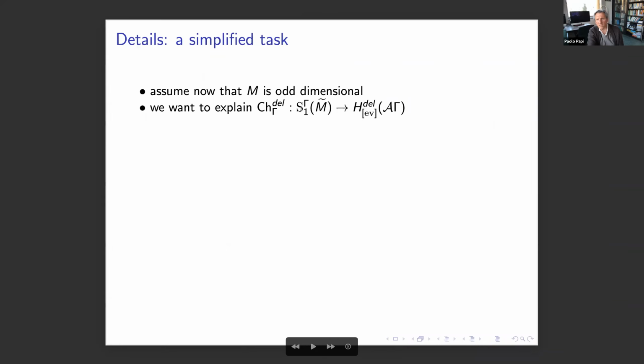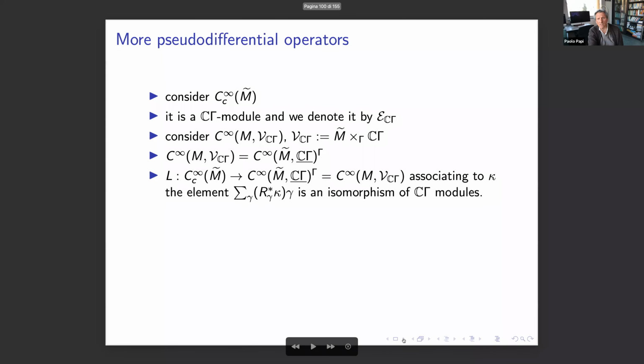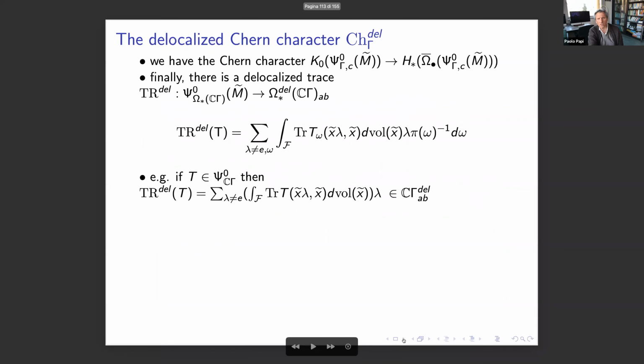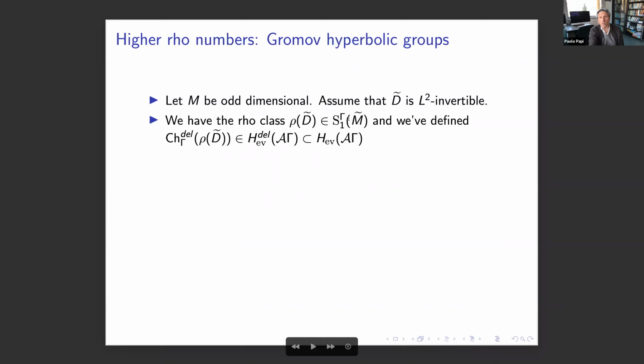And now we managed to define this map, through this construction with pseudo-differential operators. Okay, so now we are here. We have our rho class, and so we can take this delocalized Chen character, and we end in the delocalized non-commutative Dirac homology here.